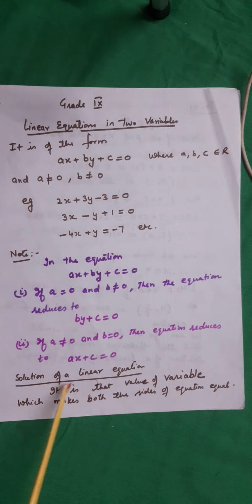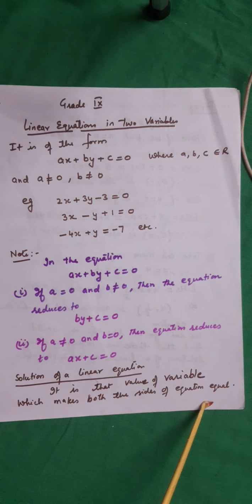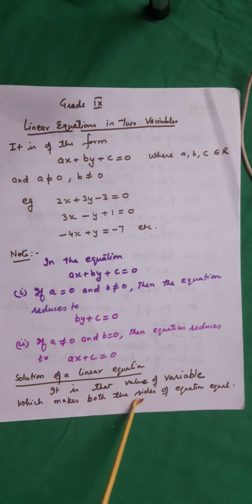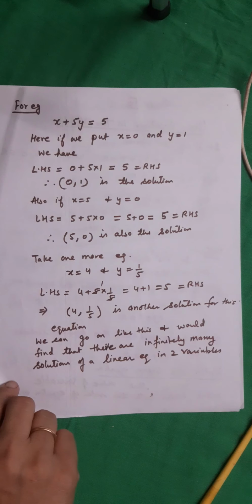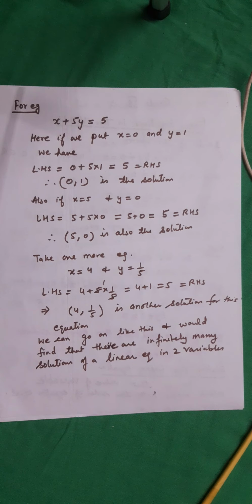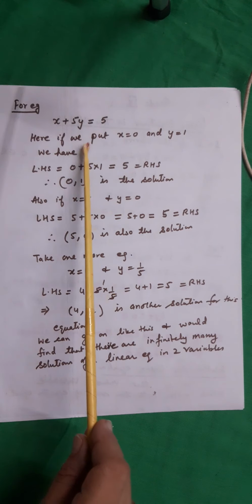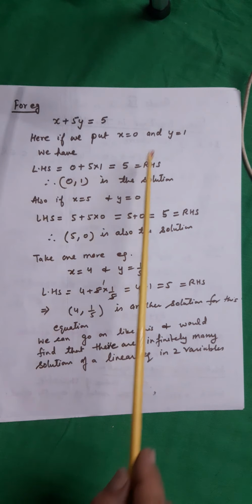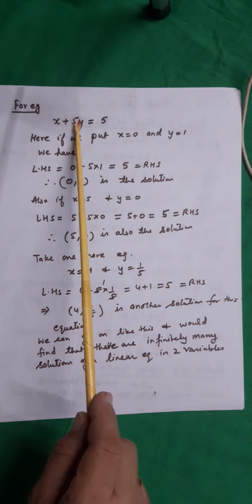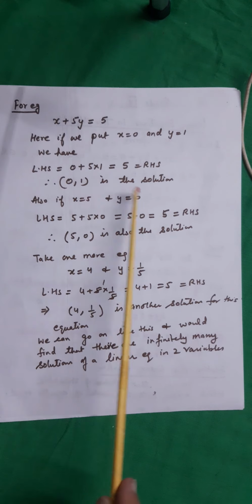Now, what is the solution of a linear equation? It is that value of the variable which makes both the sides of the equation equal. For example, if I have an equation x plus 5y is equal to 5, here if we put x equal to 0 and y equal to 1, then both the sides will be equal.